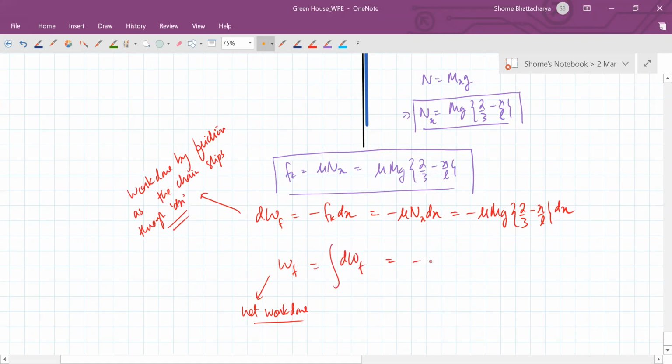So there will be integration of minus mu mg, which we can take outside the integral because it's constant, into the initial state where x was 0 to the final state where x is 2L by 3.